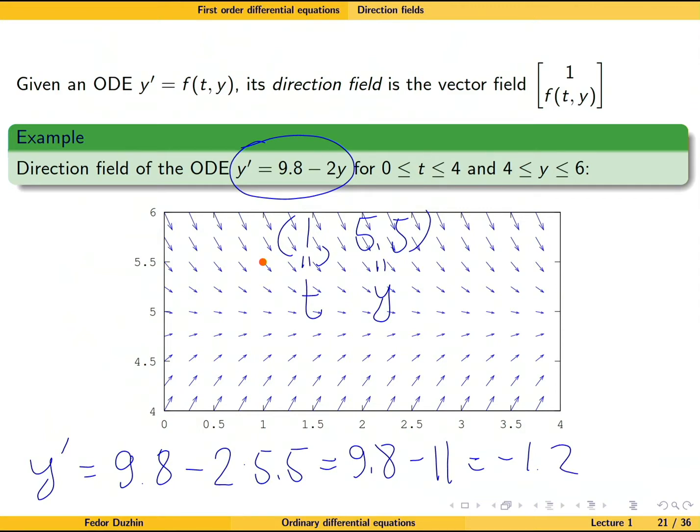So at this selected point, our direction field has coordinates 1 and minus 1.2, which is what you see. The 1 is the first coordinate, so it points to the right. The second coordinate is negative, so it points to the right and downward. And the two coordinates are almost equal, so the slope is almost 45 degrees. And this is what you see. That's the arrow.